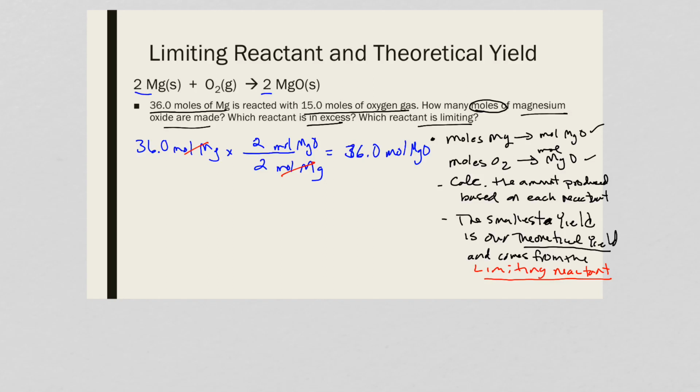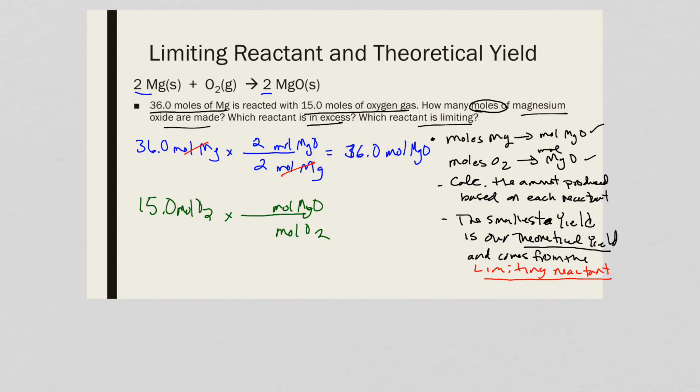Okay. So now we know the yield based on the magnesium. So now we're going to do the same thing, but instead we're going to start with my moles of O2. Again, my target is moles of magnesium oxide, moles of O2.